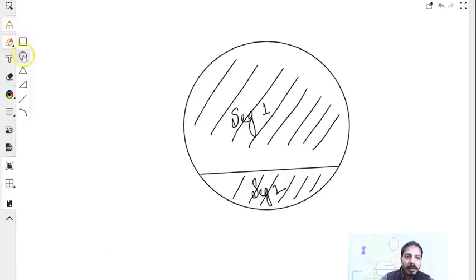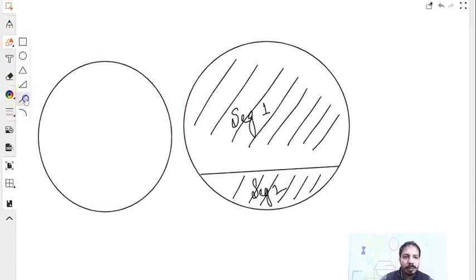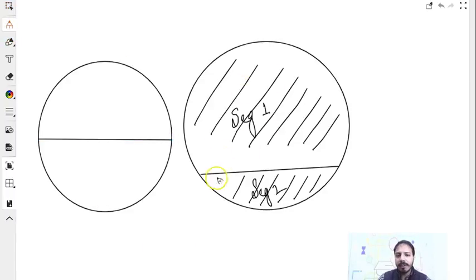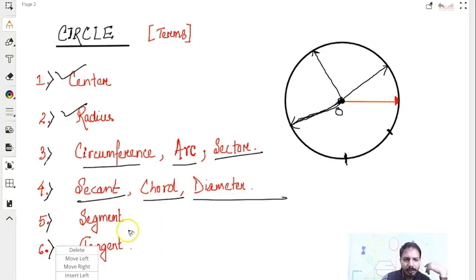But if I take a diameter, it divides the circle into equal parts. If I have any other chord other than a diameter, then one segment will be more and the other will be less. So one will be major, the other will be minor. So those are the basic concepts.